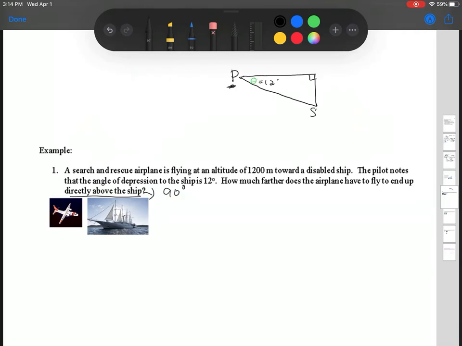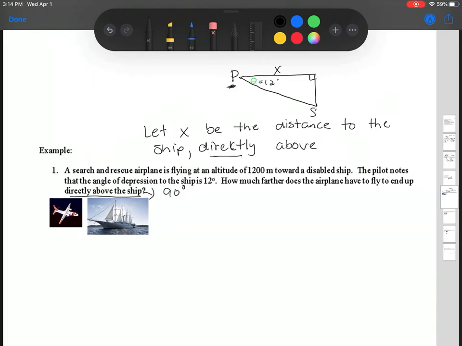And so it says, how much farther does a plane have to fly to end up directly above the ship? So again, we're not going to the ship. We're going to fly directly above it. So we are looking for this side here. Okay, so we've got the distance to the ship directly above it.